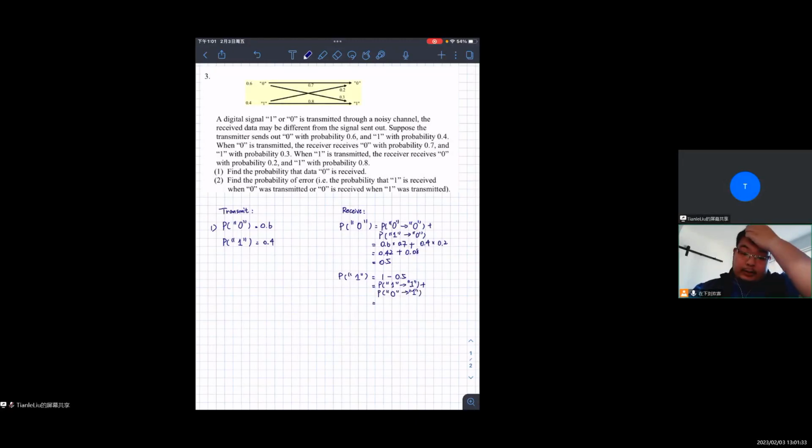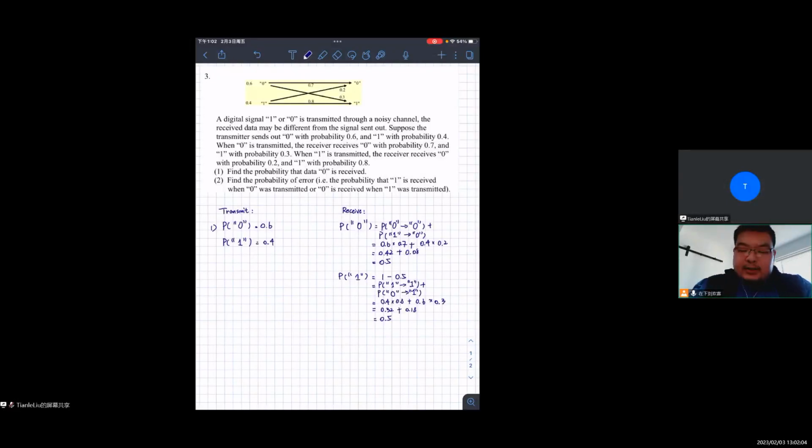So it will be 0.4 multiplied by 0.8 plus 0.6 multiplied by 0.3. So it will be 0.32 plus 0.18, and the answer is 0.5.